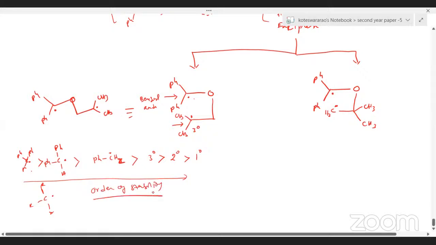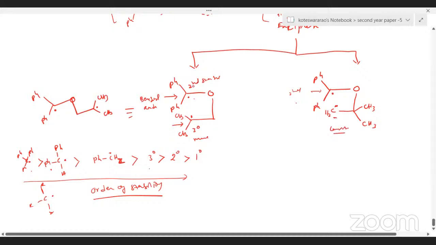Order of stability. You can see that in both the radicals, this is the highest stable radical and this is the second highest stable radical in the chart. This is third from the bottom. Now this is also more stable. The second highest stable one, and this one is the least stable one.